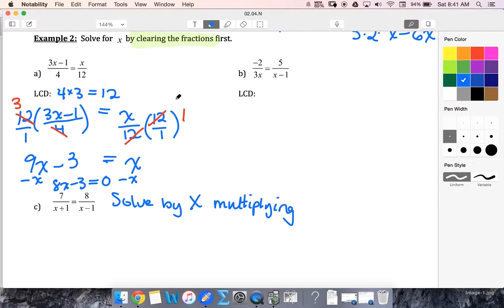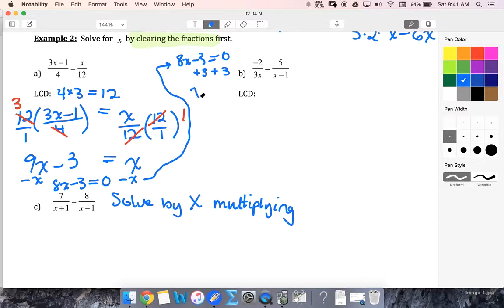I'm going to add 3 to the other side, so I've got 8x minus 3 equals 0, so I'm going to add 3 to both sides. 8x equals 3. Divide both sides by 8. X equals 3 over 8.